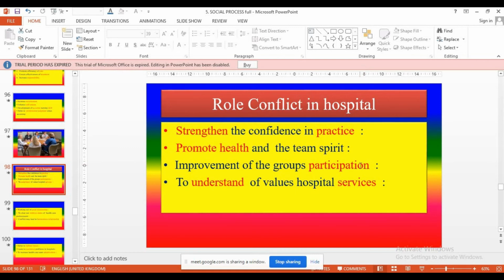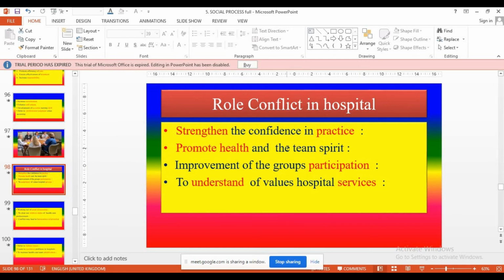Conflict is part of life, mainly in work life, in hospitals. Small or healthy conflict helps us to promote confidence among healthcare professionals to deliver efficient healthcare services.